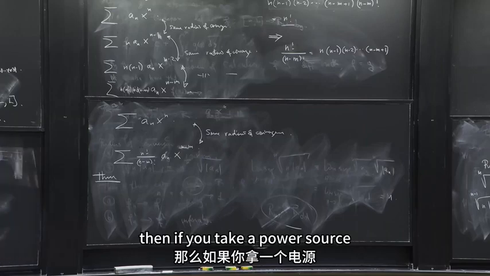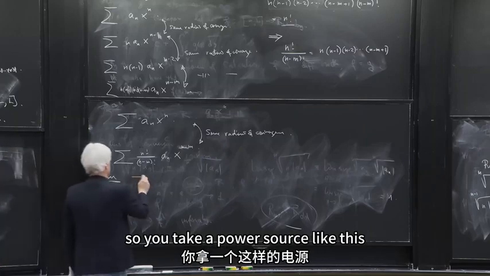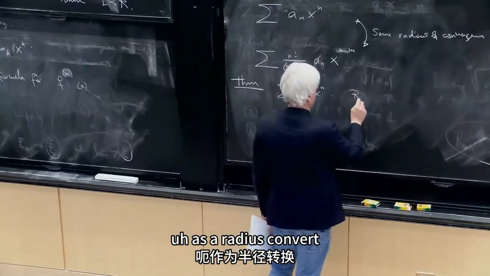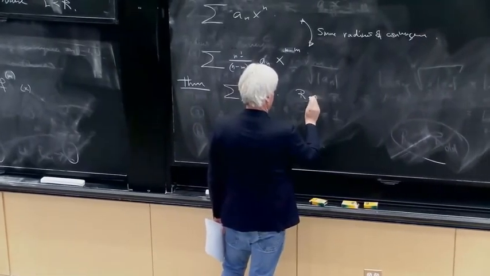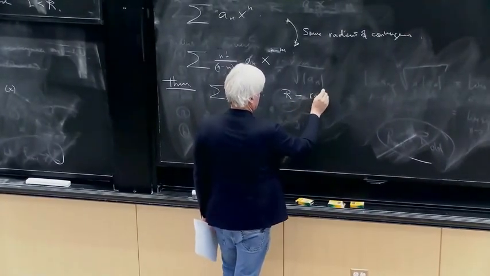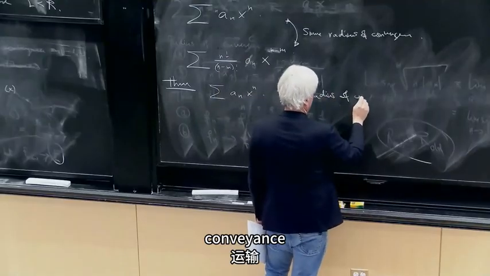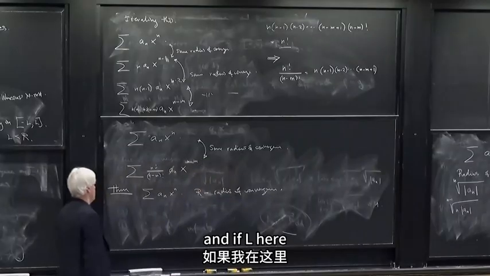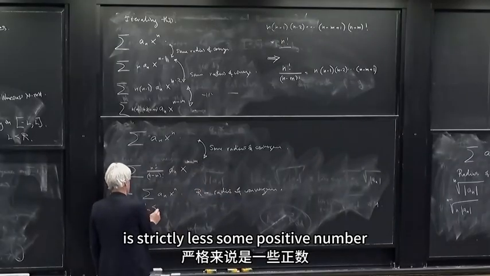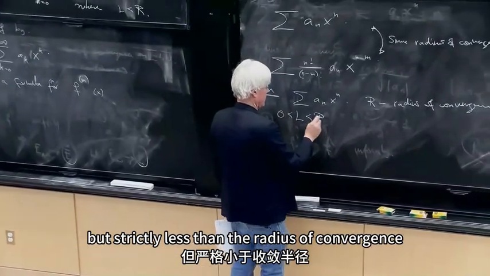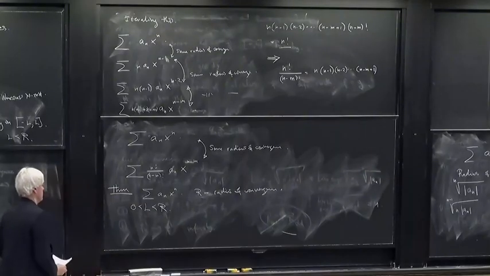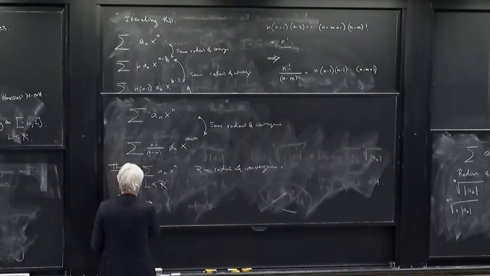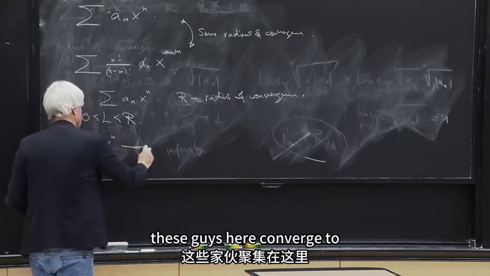That if you take a power series like this, R is the radius of convergence. And if L here is some positive number, but strictly less than the radius of convergence, then these here converge.